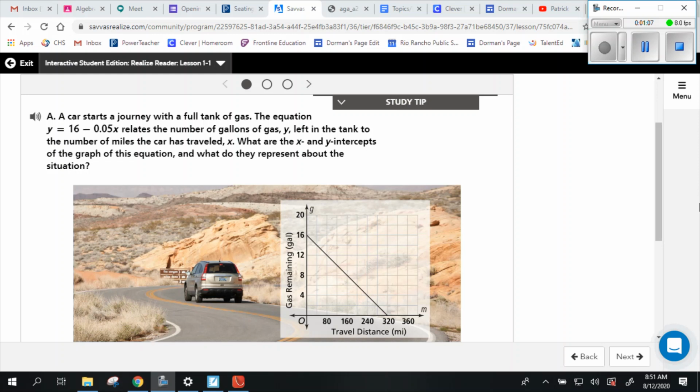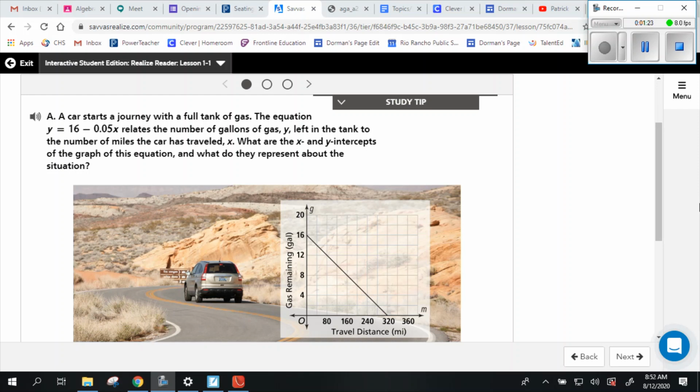You got a graph of that as well, right? Of course, it makes sense, right? It's going to steadily decline until there is 0 gas left, right? Gas is our y-axis, and distance is our x-axis.